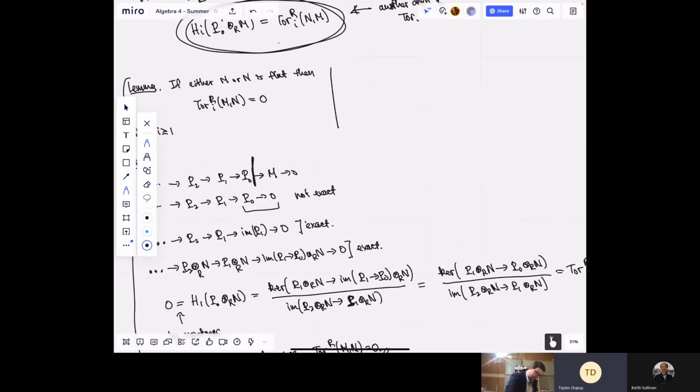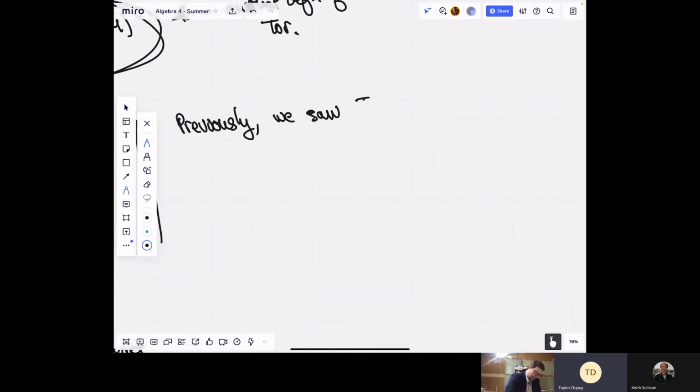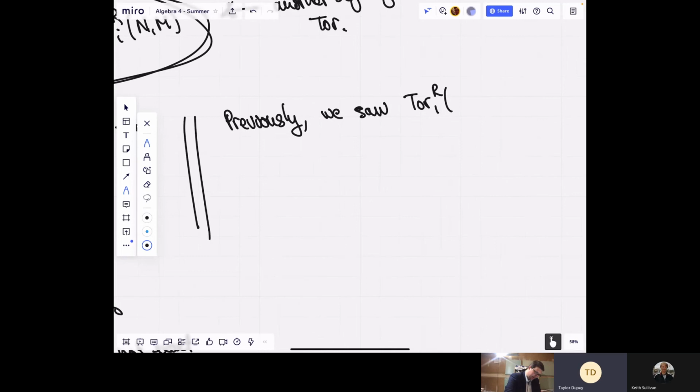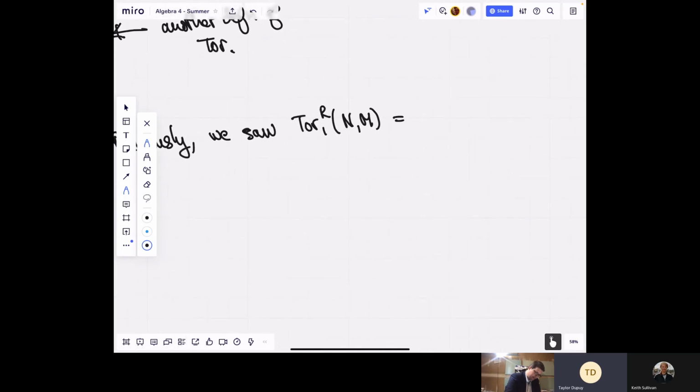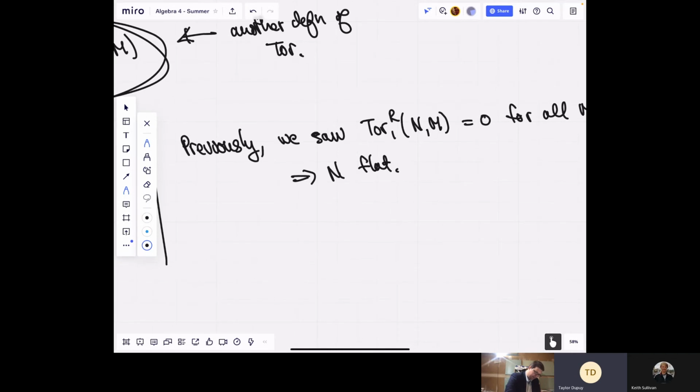So in the previous class, we saw Tor 1 R. So if we had this and Tor m is equal to 0 for all m, this implied that N was flat, right?